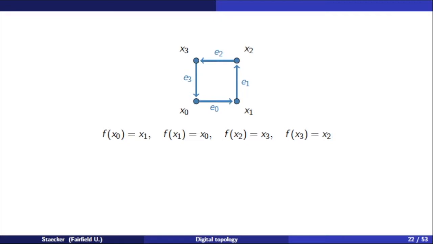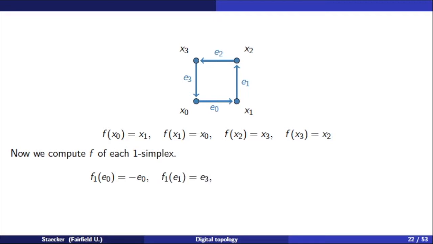What about the edges? It's not hard to say, you can compute the function on each one-dimensional simplex, the edges. f of E0 is this edge. When you do the flip, it's still E0, but it's backwards, the reverse orientation, and you write that as minus E0. So the minus means that it's going to the opposite orientation. And you can just think about all these other ones. This edge here goes to the other side.